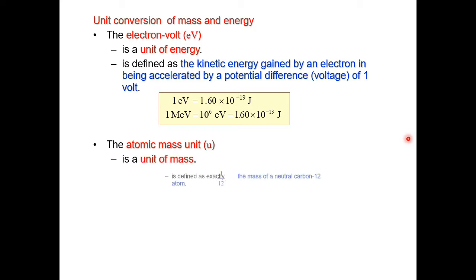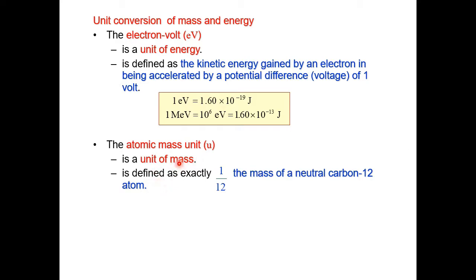And if you have atomic mass unit, it means you are not using kg, you use U, which is also known as the unit of mass. It is defined exactly as 1 over 12 the mass of a neutral carbon 12 atom. So this equation shows 1U is equal to the mass of carbon 12 over 12.